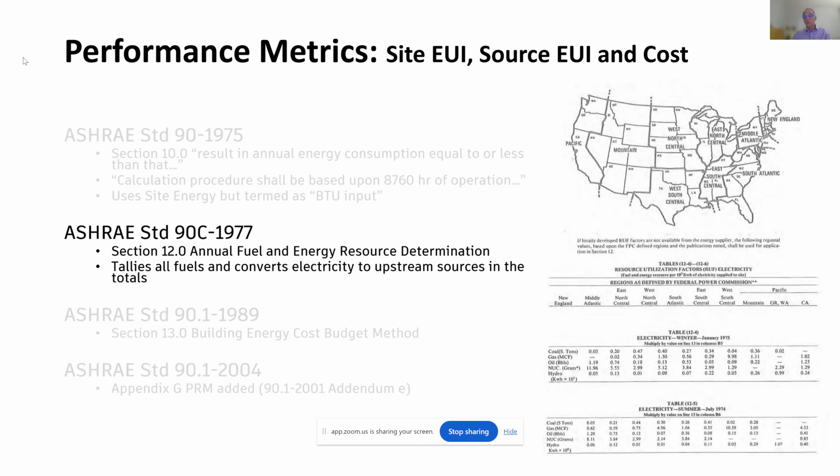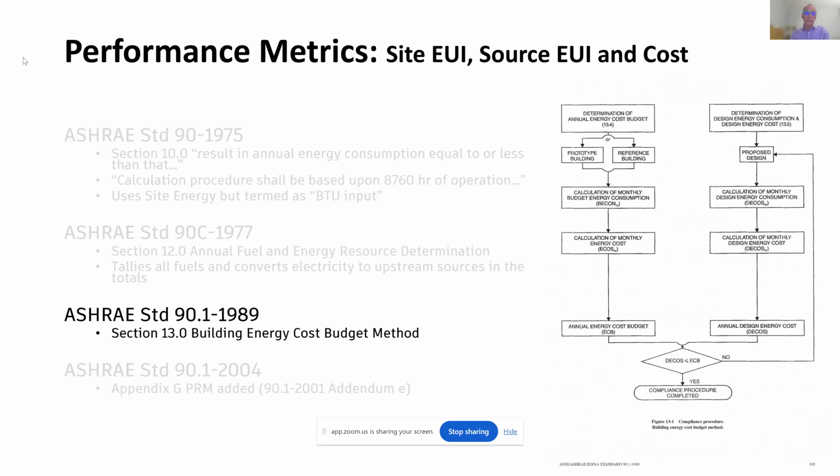That has this really interesting site to source conversion table of where you are in the continental US and what the generation mix was in that region in the summer and in the winter, and then the fuel conversion, the energy efficiency of those power plants, to give you a unique site to source conversion rather than the 2.85 that Jack was mentioning earlier.